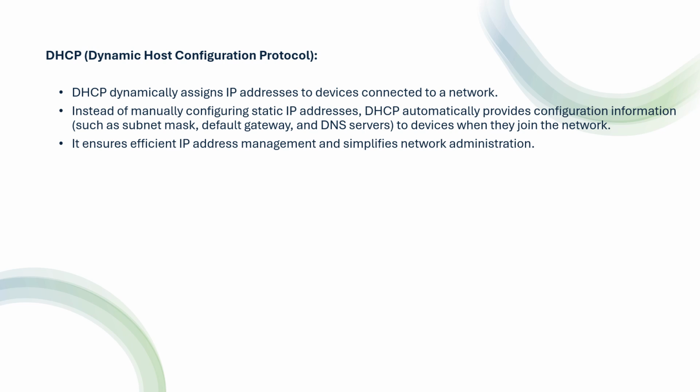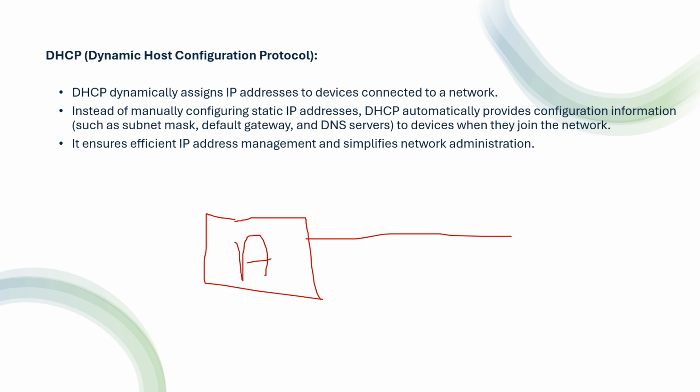Let's understand its working. Suppose A is a device or host which is newly connected to a router. Currently it doesn't know its IP address. Then what does it do? It sends a message to the DHCP server.